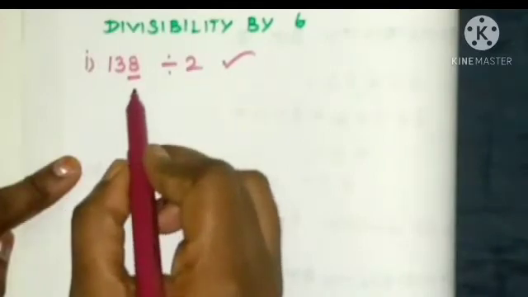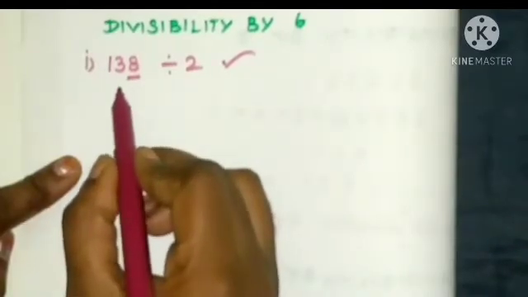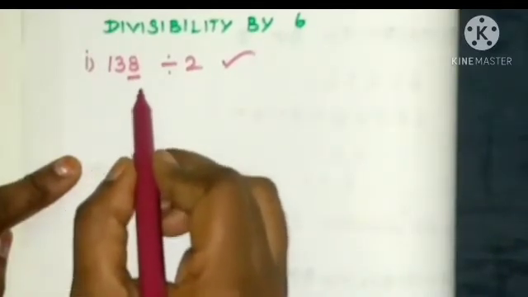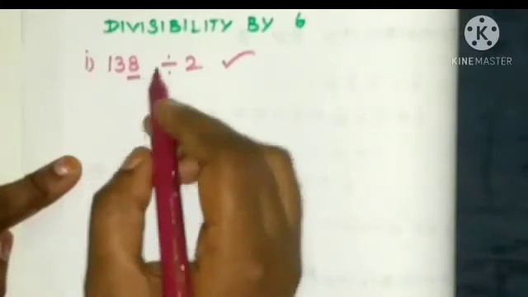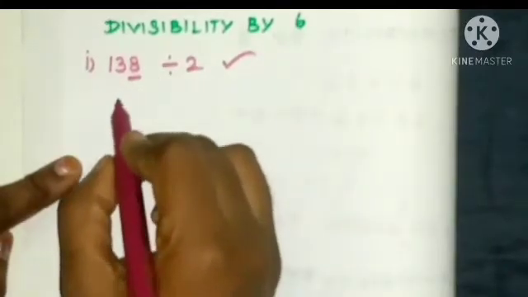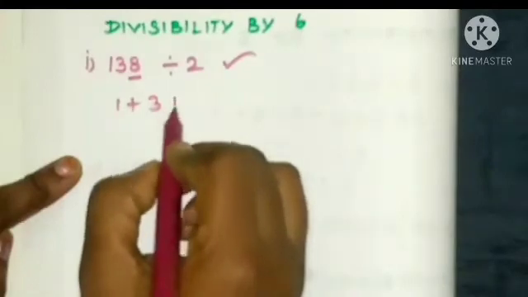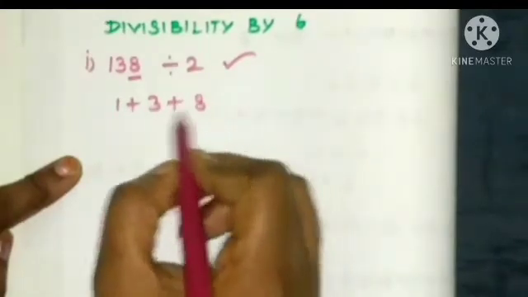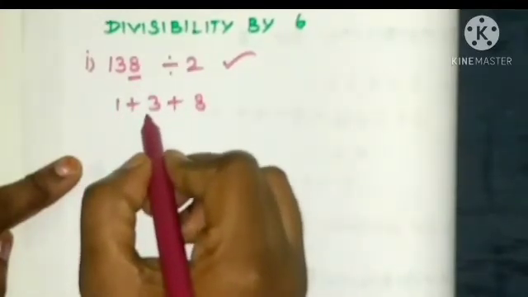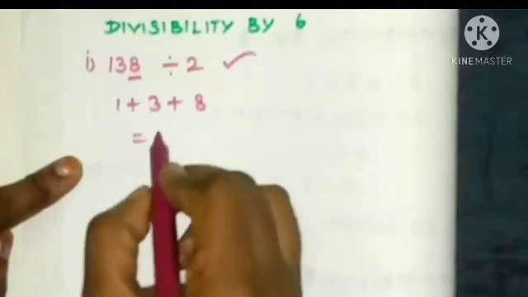A number is divisible by 3 if the sum of its digits is divisible by 3. For that you have to find the sum of the digits. 1 plus 3 plus 8. 1 plus 3 is 4. 4 plus 8 is 12.